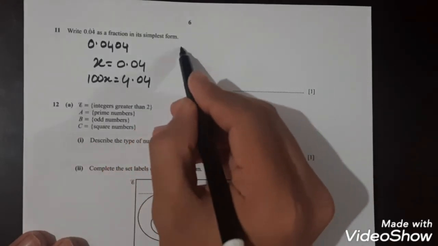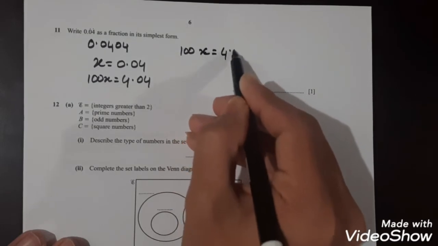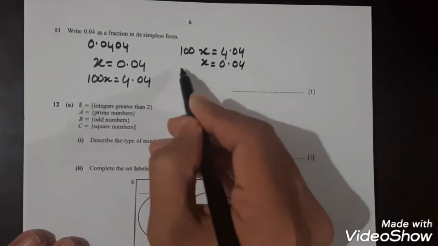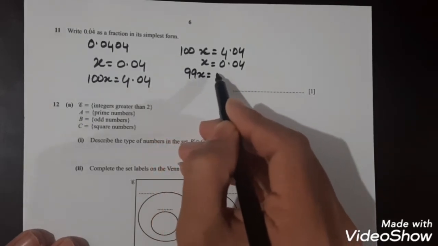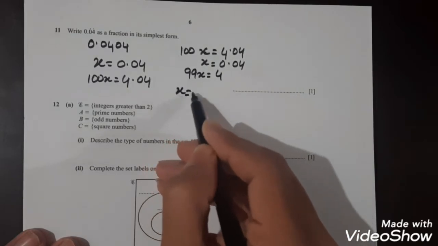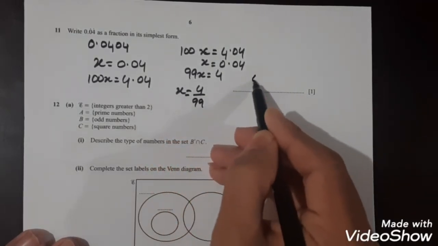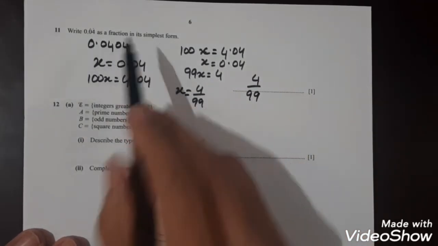So we write 100x is equal to 4.04 minus x is equal to 0.04, which will be 99x is equal to 4. So x is equal to 4 over 99.